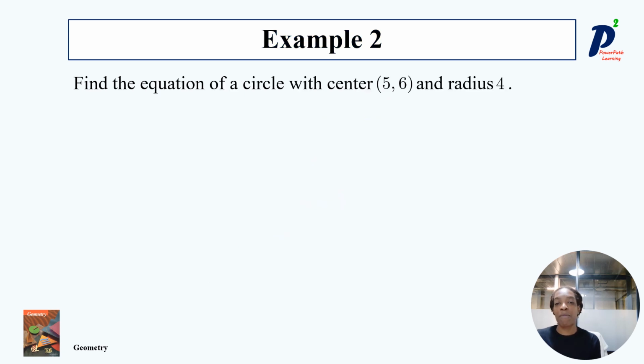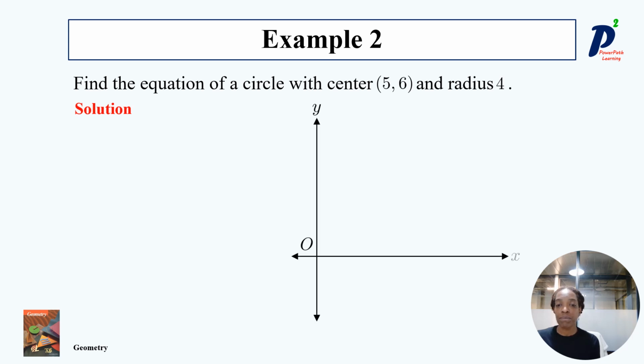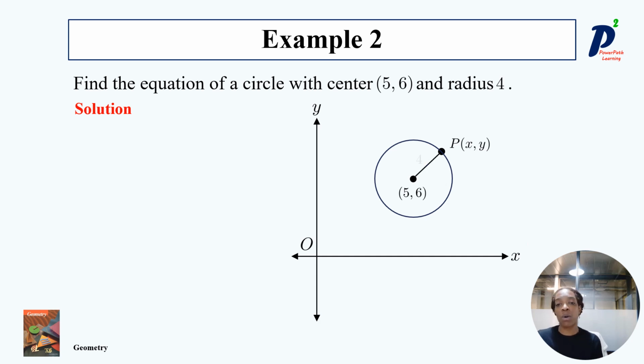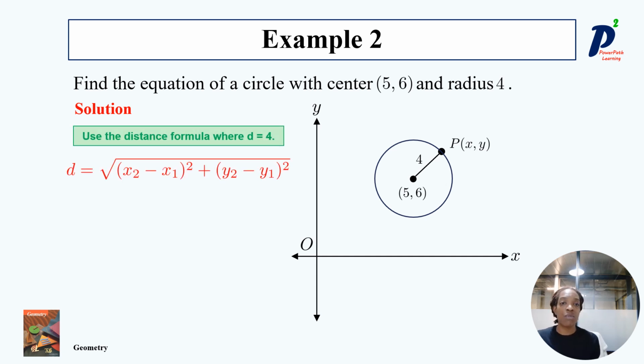Now, for my second example, I need to find the equation of a circle with a center of (5, 6) and a radius of 4. So first I'm going to draw my point (5, 6). Now, I'm going to say that point P(x, y) is any point on the circle. We don't know the coordinates of it, we're just using a generic x, y. Since the radius is 4, the distance from (5, 6) to P(x, y) is also 4. So we can use the distance formula.